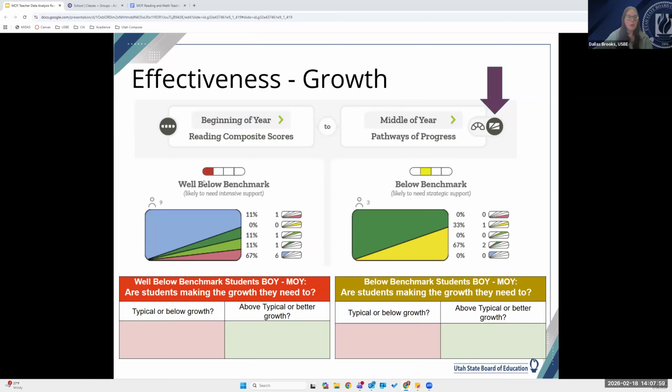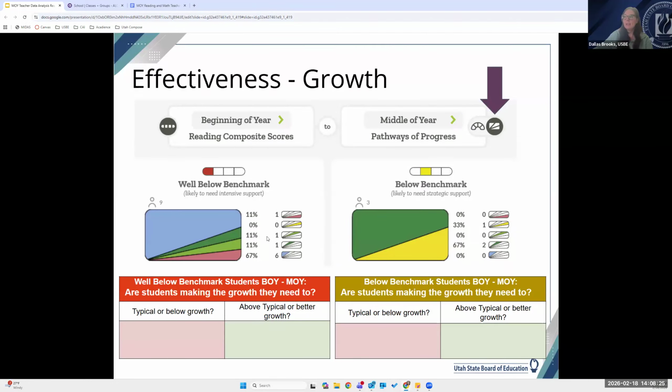So you've got your cohort of red students, and it shows you which pathway they're making. So blue means well above typical growth. I have 6 students. So of my 9 who were red at beginning of year, 6 of them are making well above typical growth, which is phenomenal. That's what we want them to be making. 1 is making above typical, which is signified by that dark green. 1 student is making typical growth.